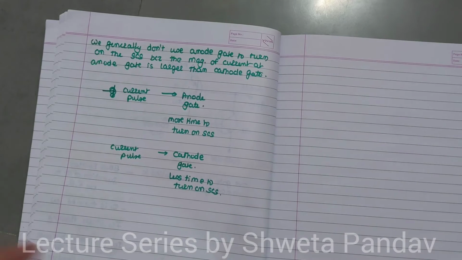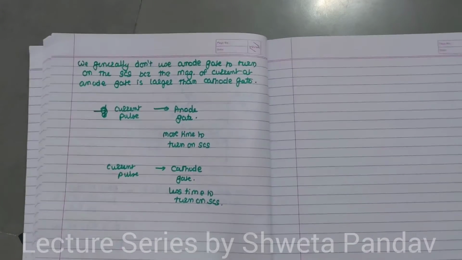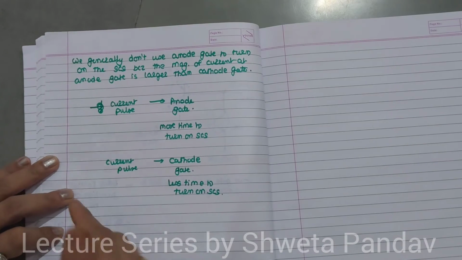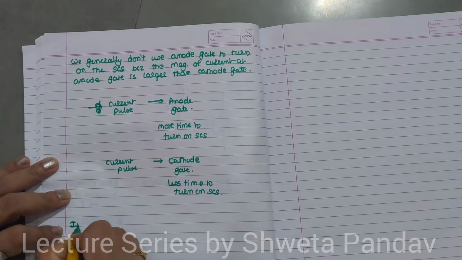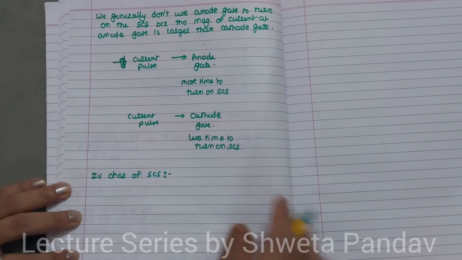Now this is what is related to the working of the two transistor analogy, or the working of the SCS. Now let us draw the IV characteristic of the SCS. It remains the same.